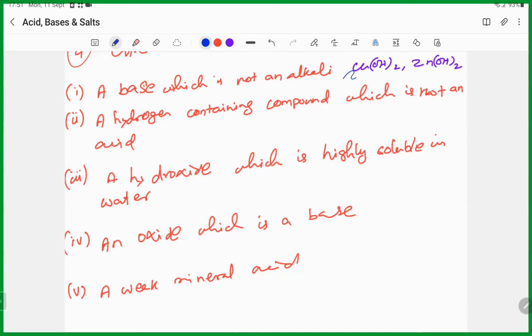What about this one? Ammonia is a base or not? The second one, a hydrogen containing compound which is not an acid. HNO3 is acid, nitric acid. H2O, that's water.